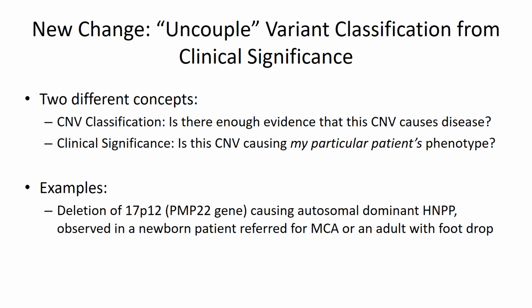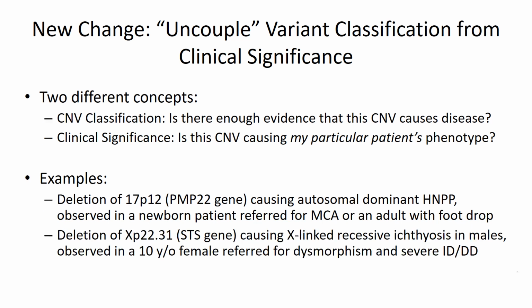For example, consider how you would classify and interpret the clinical significance for the following scenarios. First, a deletion of the recurrent 17p12 region containing the PMTP22 gene, which is responsible for a later onset motor and sensory neuropathy called HMPP, observed in a newborn referred for multiple congenital anomalies, or an adult with foot drop.